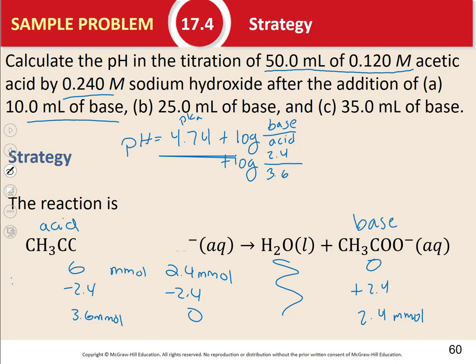What's the pH for part A? Well, we've got two significant figures, so we're going to have 3 significant figures in the final answer, 4.56.